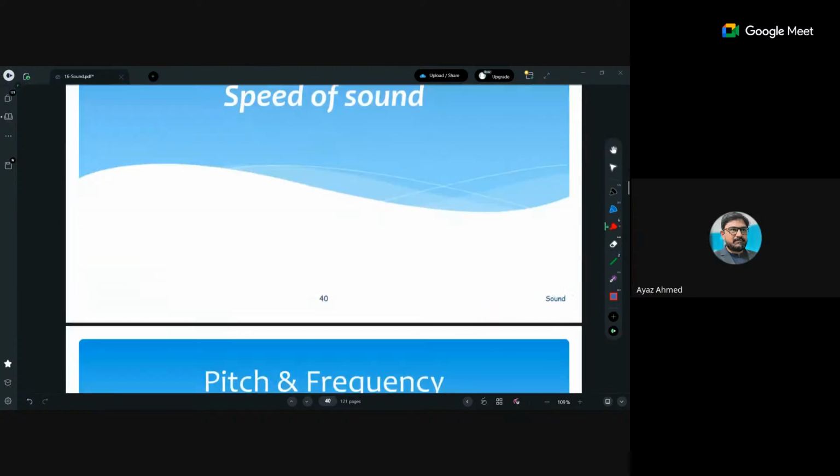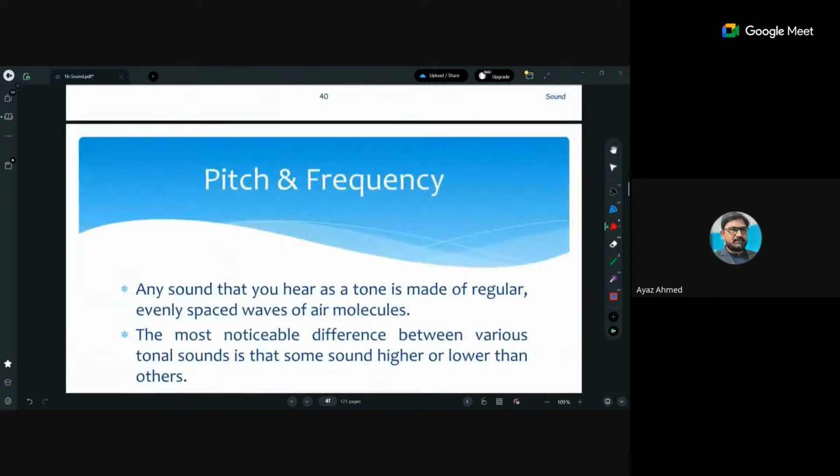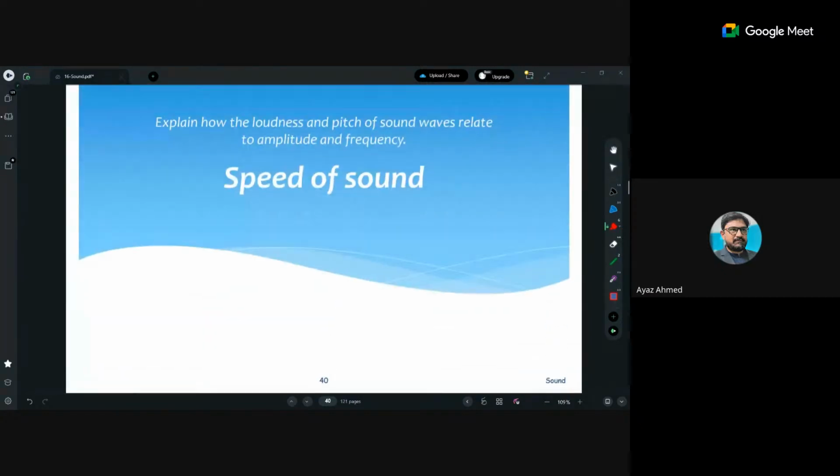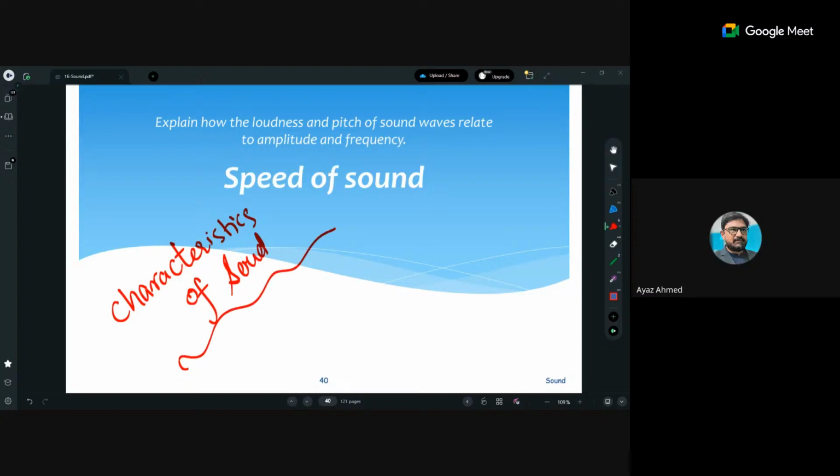Then pitch of the sound is next topic. Actually, pitch and frequency, this is the topic, the characteristics of the sound. The characteristics of the sounds are mainly two. One is its loudness and one is its pitch. So we are talking about the pitch first.